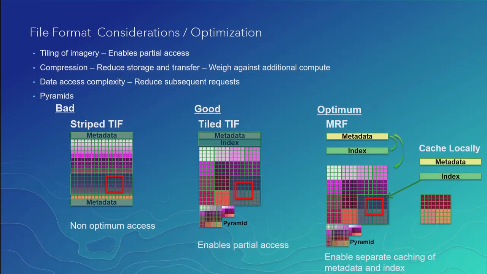All right, file format considerations and optimizations. Firstly, you need to tile your imagery. This enables partial access of your imagery. So if you look down there on your extreme left, I've mentioned bad, which is a bad storage format of your TIFF or your image, which is one complete raw file.